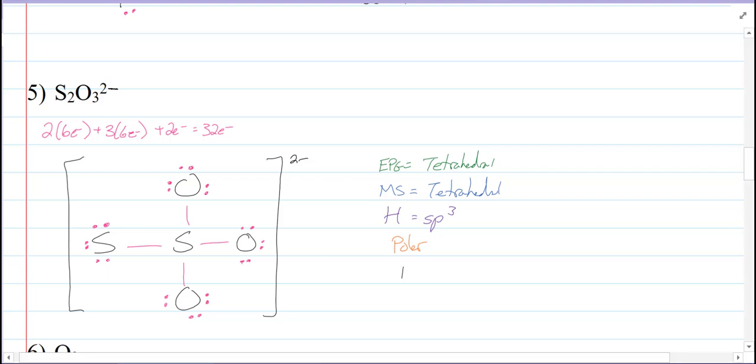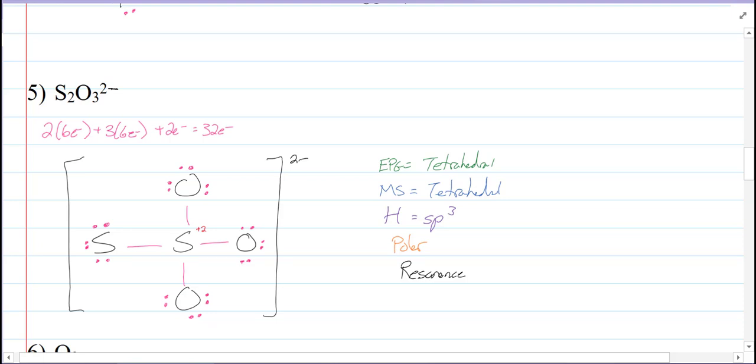Resonance. What do we think? Well, what are the formal charges? Sulfur is plus 2. Can we minimize that? Well, this sulfur is minus 1.